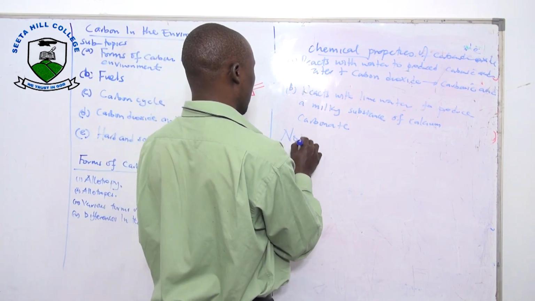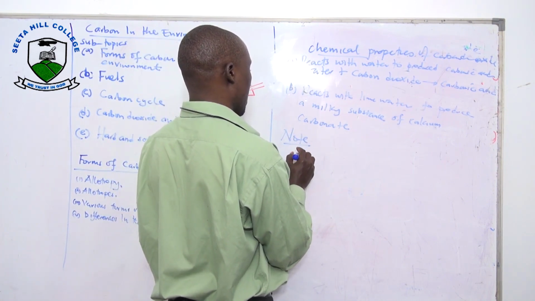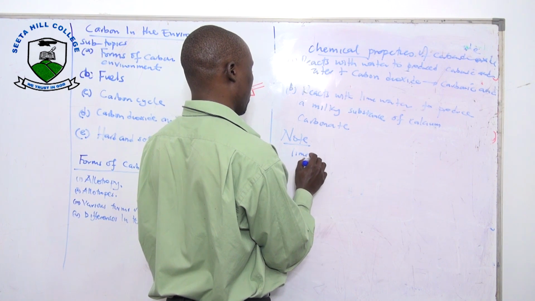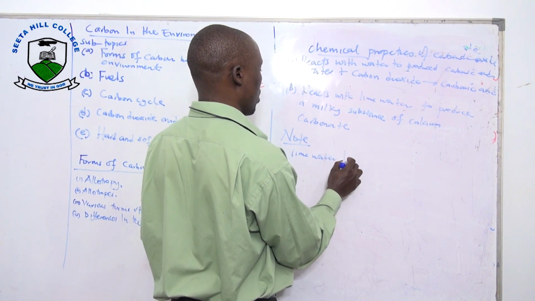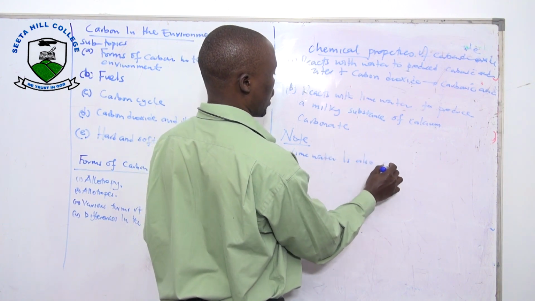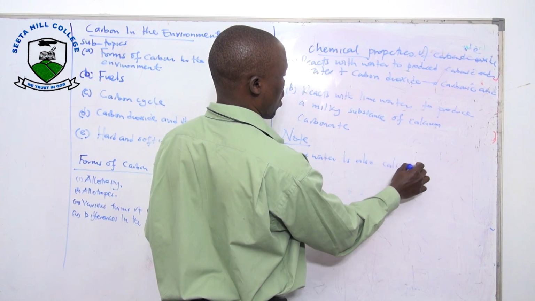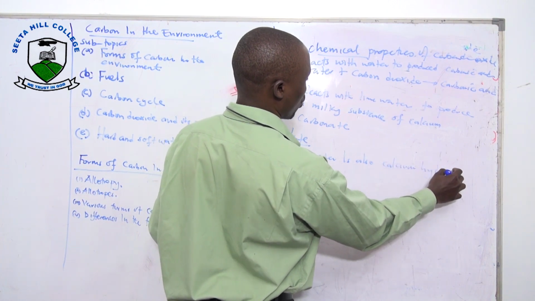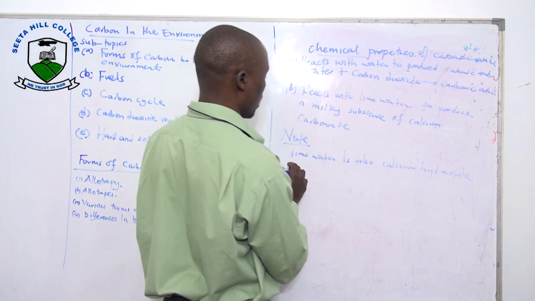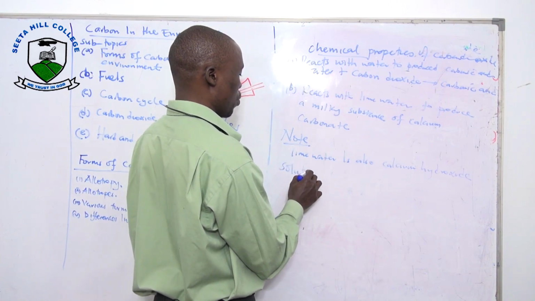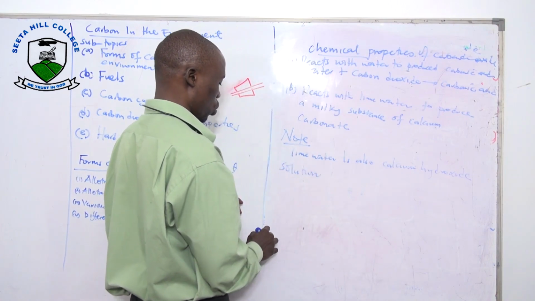Have we said that lime water is also called the calcium hydroxide solution? The other chemical name is calcium hydroxide solution.